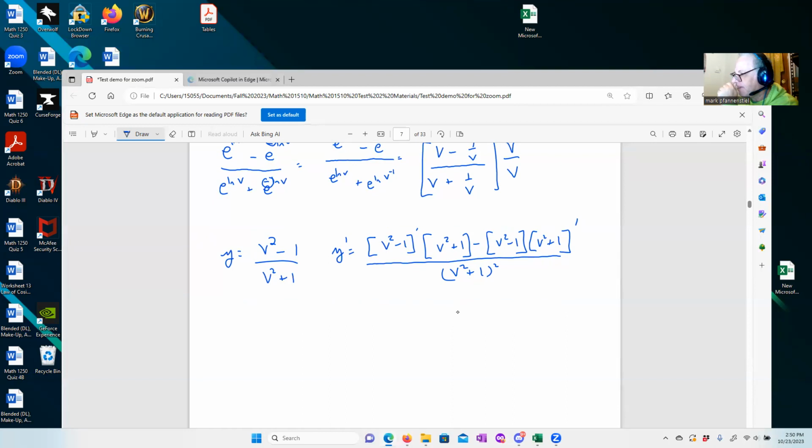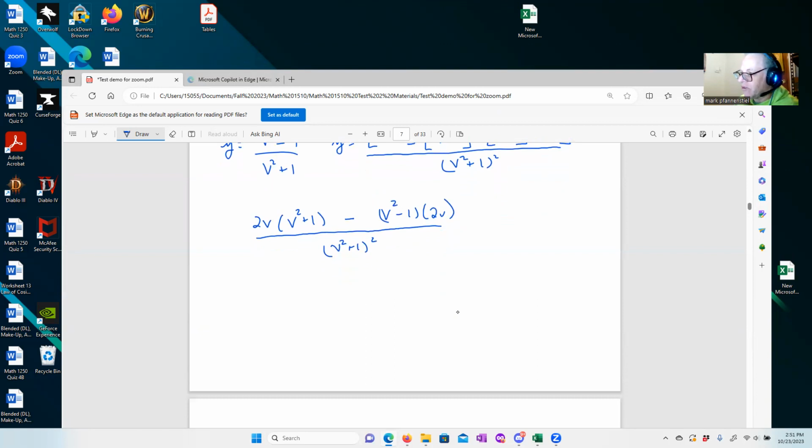And then what are we going to have here? The derivative of the top is going to be 2v, right? 2v times v squared plus 1, minus v squared minus 1 times, again, the derivative of v squared plus 1, which is 2v. And this is all divided by v squared plus 1 squared.